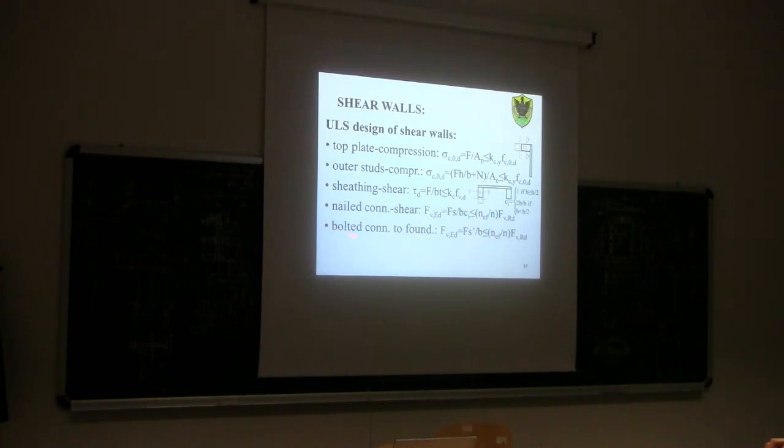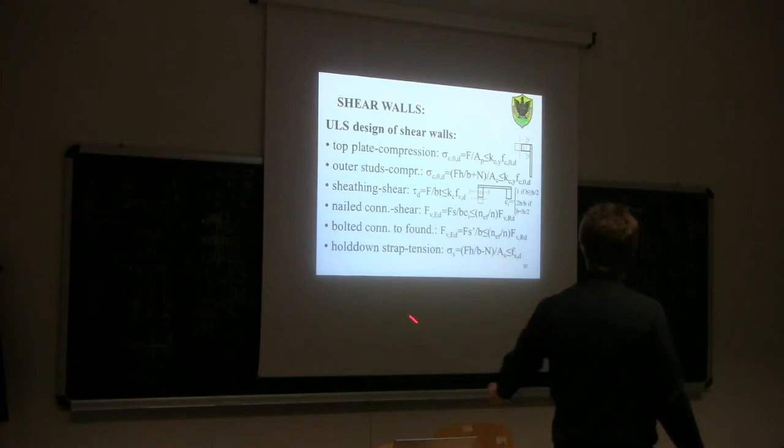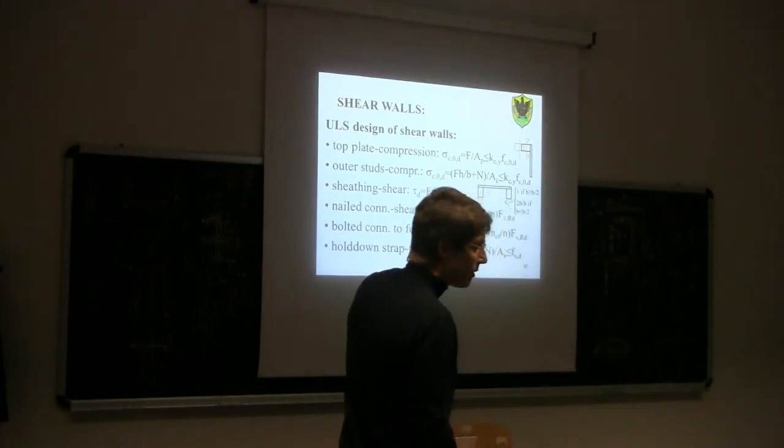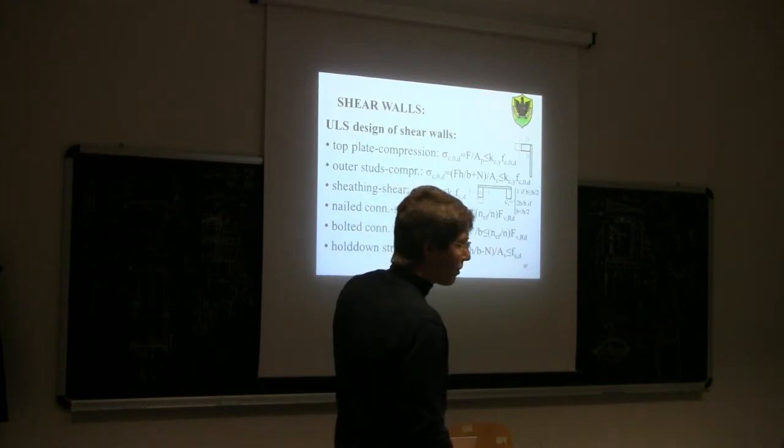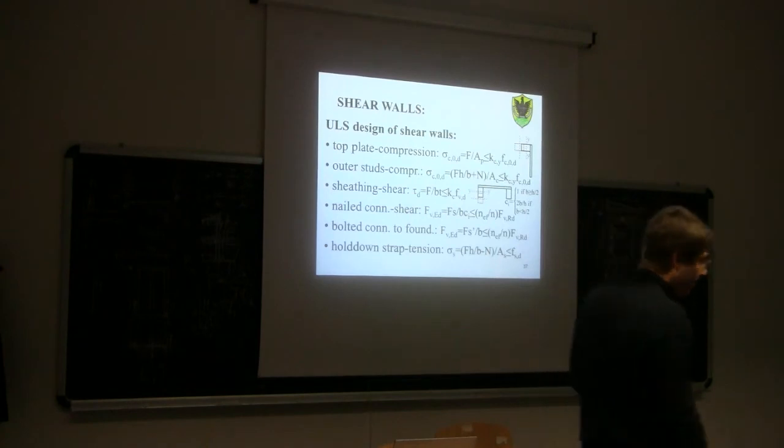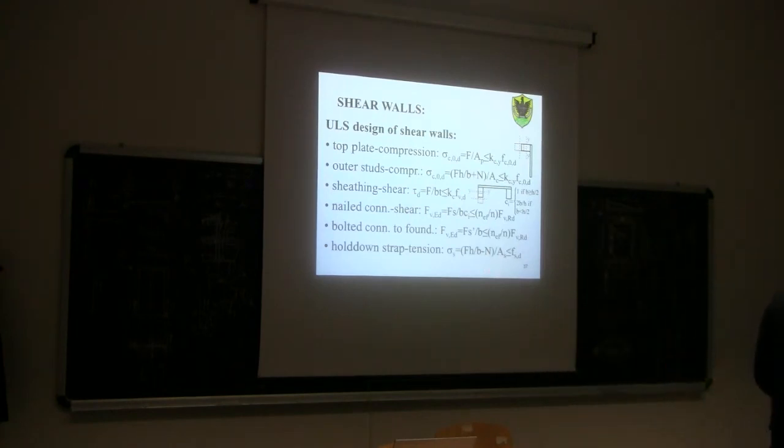Then a similar thing applies for the bolted connection to the foundation. For this bolted connection to the foundation, we have FVD, Fs prime divided by B, less than this regulated value. This formula is exactly the same as for the bolted connection to the foundation. And for the hold-down strap, we need to remember that we have tensile force due to lateral forces minus the axial force due to gravity.